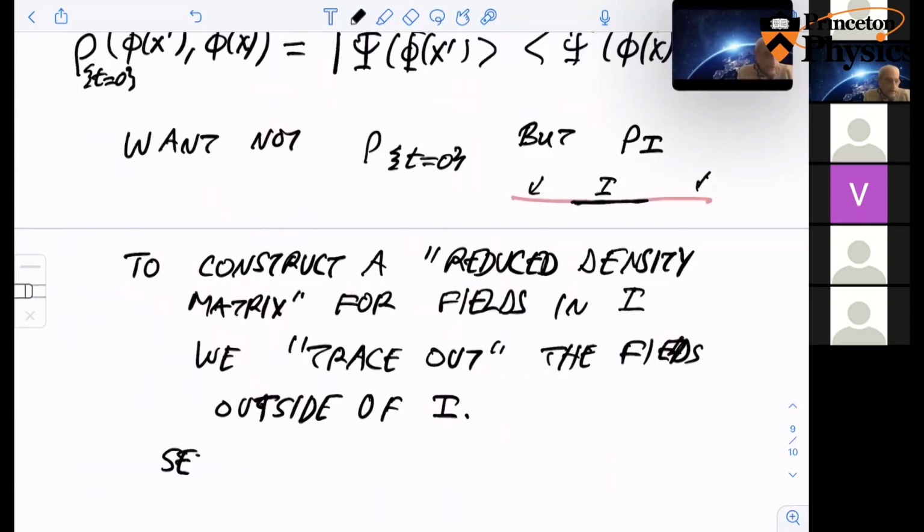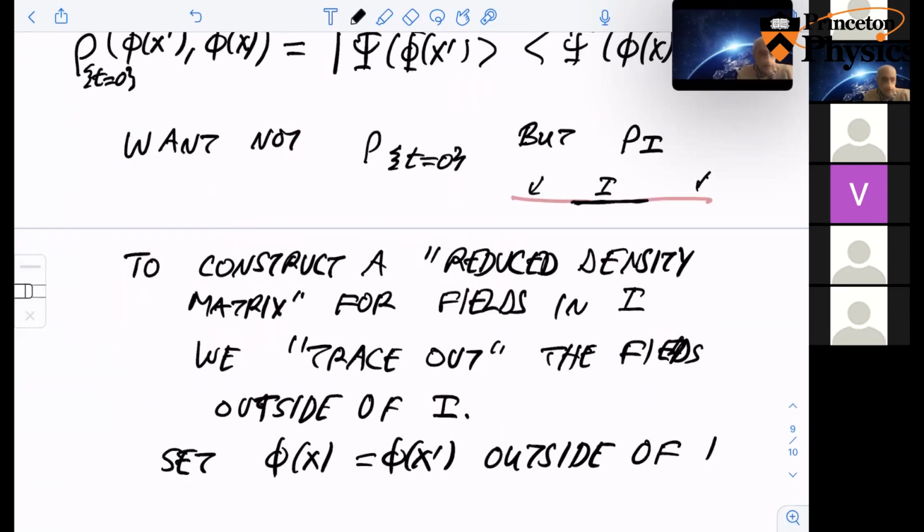So we set phi(x) equals phi(x prime) outside of I, with no constraints within I.